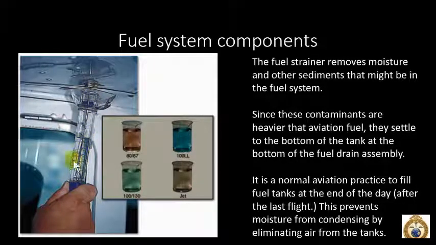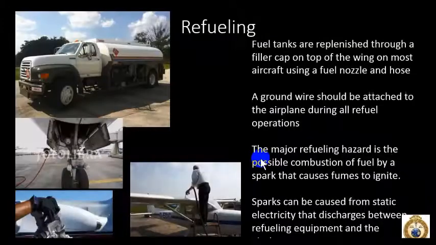And it gives the pilot a visual representation of what's going on inside that fuel tank. The heavy contaminants are going to settle to the bottom, so when he pierces at the bottom, it's going to come back. And it's spring-loaded, so don't worry about fuel dripping out. That's not the case.